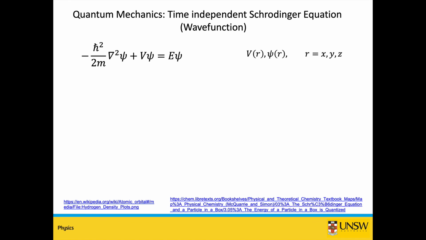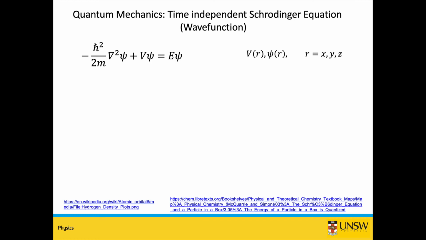So another example of a differential equation arises in quantum mechanics. This is the Schrödinger equation, the time-independent Schrödinger equation, for example. And this is shown here in this equation. So the first term, minus h bar squared over 2m del squared psi, just gives you the kinetic energy of a particle.